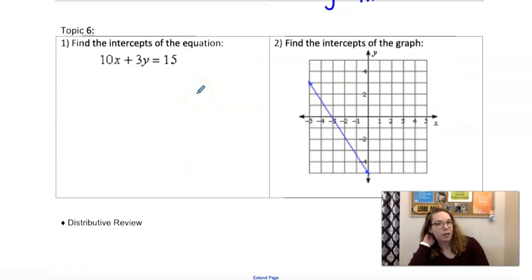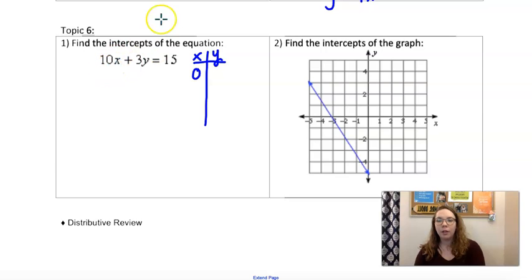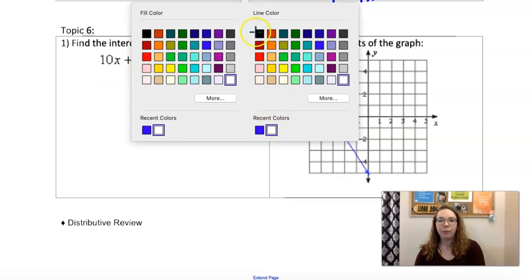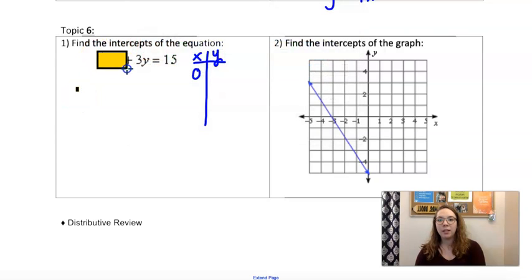Find the intercepts of the equation. So this one, when I teach it in algebra, I always like to set up a t-table. Okay, so your y-intercept is when x is 0. So if I plug in a 0 for x, really what I can do here is cover this up because that's going to make that 0.